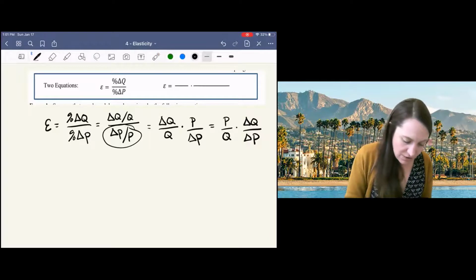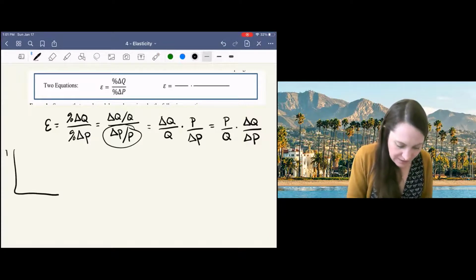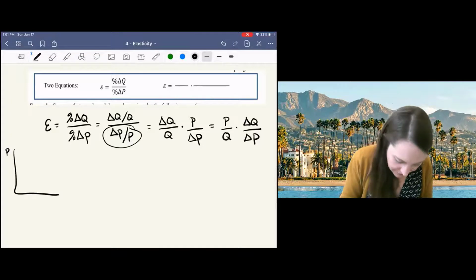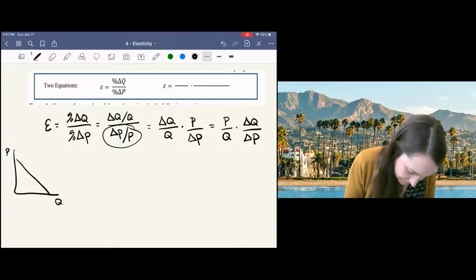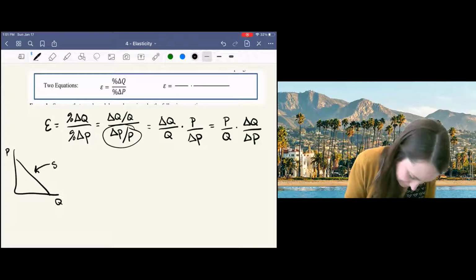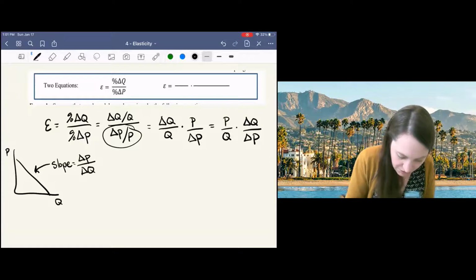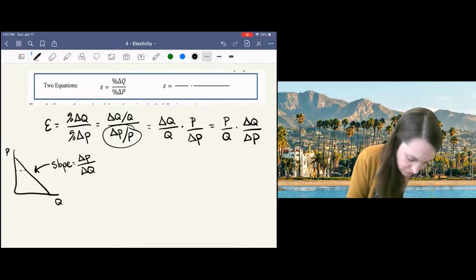And in our equations, our rise variable is the P, our run variable is the Q. So the slope is equal to the change in P over the change in Q, right, as we move along the demand curve.